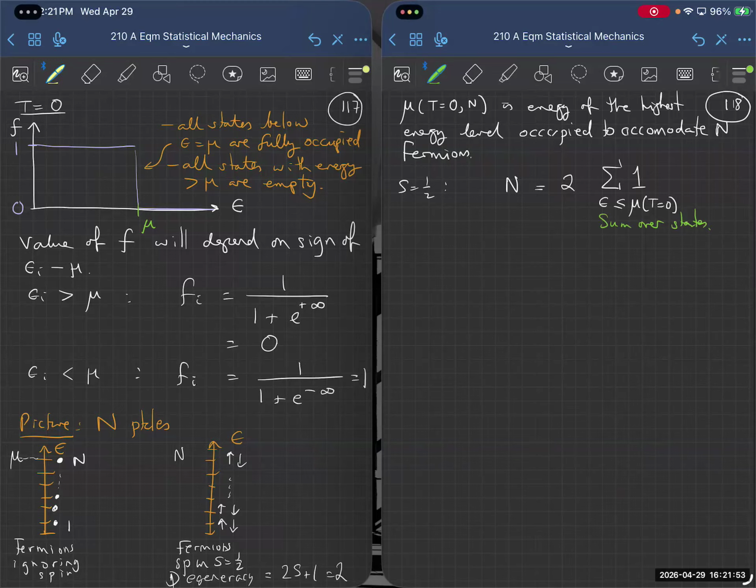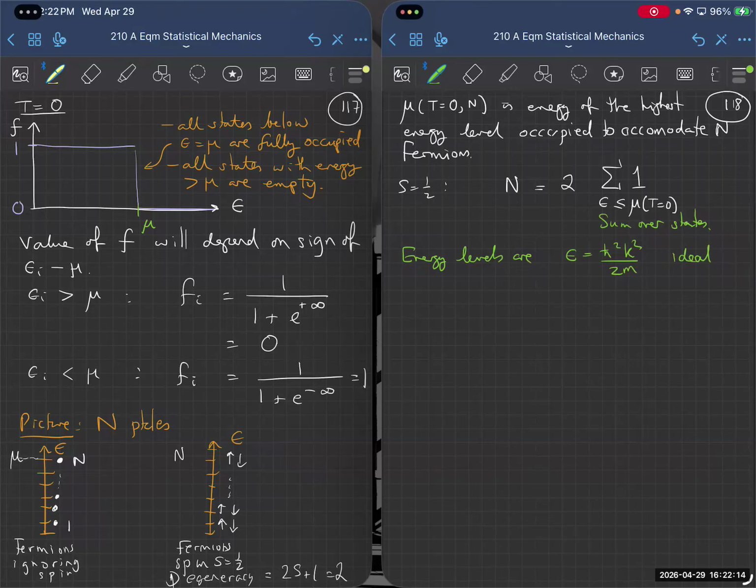And so the way I'm going to think about this is the following. We know that the energy levels for free particles are epsilon equals h bar squared k squared over 2m, because they're ideal, so there's no potential or interaction energy.